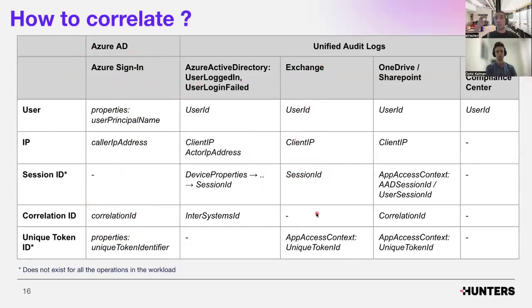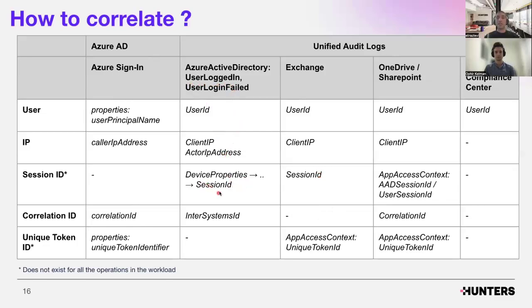Like we saw in the example, we can correlate the session ID from Exchange with the session ID in the user logged in event under the Azure Active Directory workload.